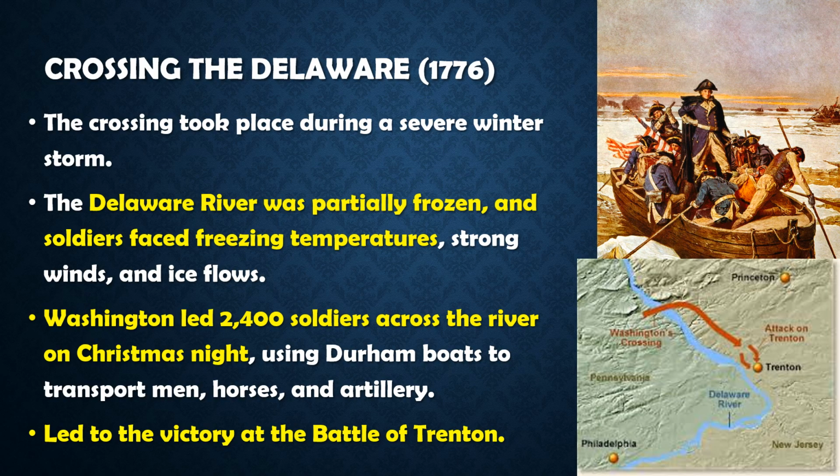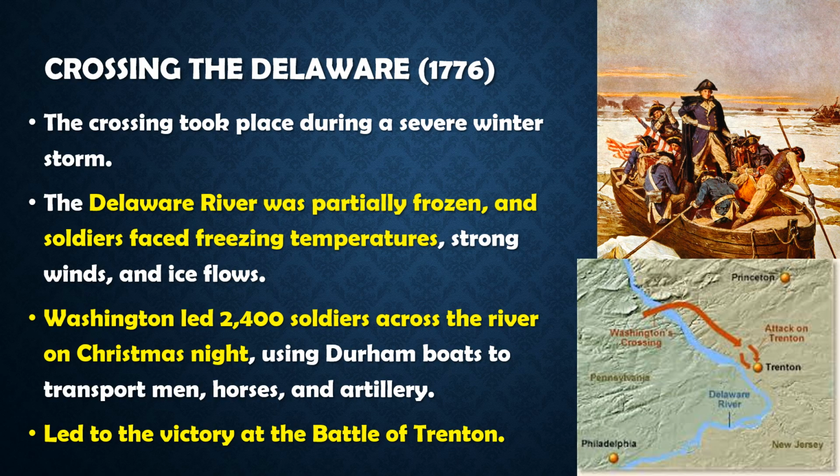Washington crossing the Delaware was a huge task because this event took place on Christmas night of 1776. The Delaware River was partially frozen. Soldiers were facing freezing temperatures, strong winds, and ice on the river itself.